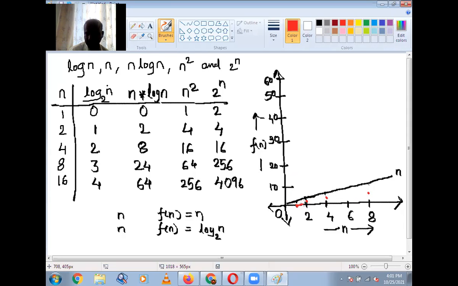Okay, draw line and this line for log n.